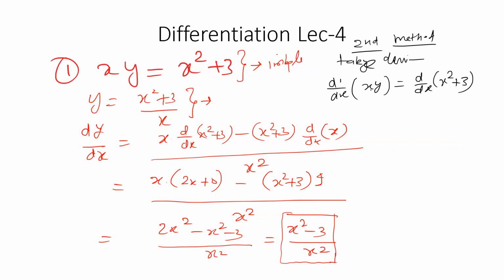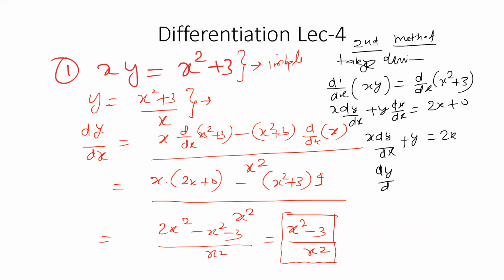So here we apply the product rule: x into dy by dx plus y into dx by dx equal to, here we will get 2x plus 0. Then x into dy by dx plus y into 1 equal to 2x.